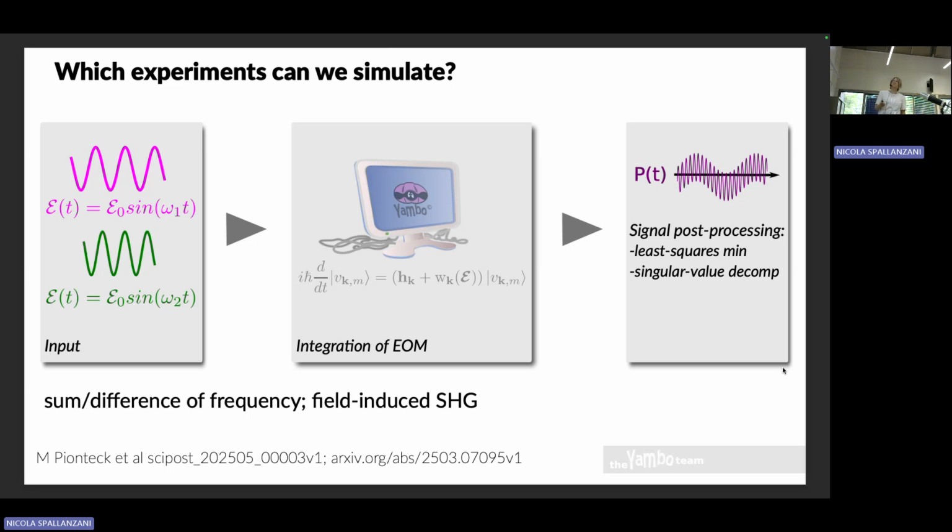This works again the same for the integration, and all the work that we did in this paper was signal post-processing, which was quite a work. We found a couple of mathematically equivalent ways: one using least-squares minimization, and the other with singular value decomposition. You can look at the details in this paper.